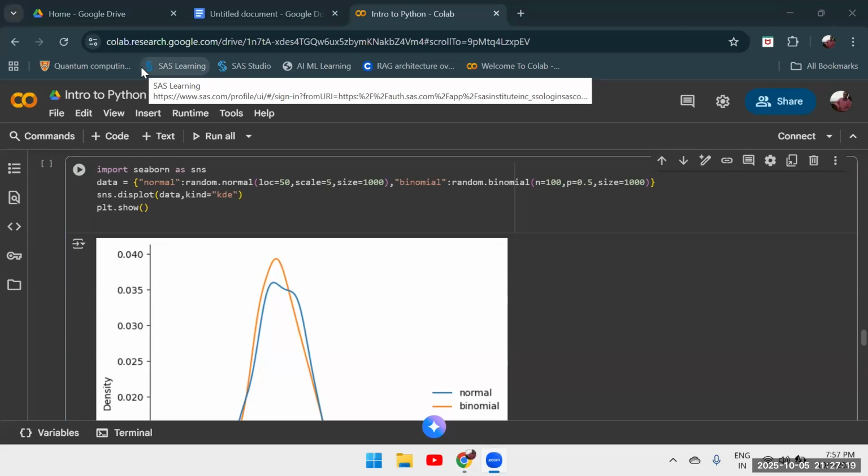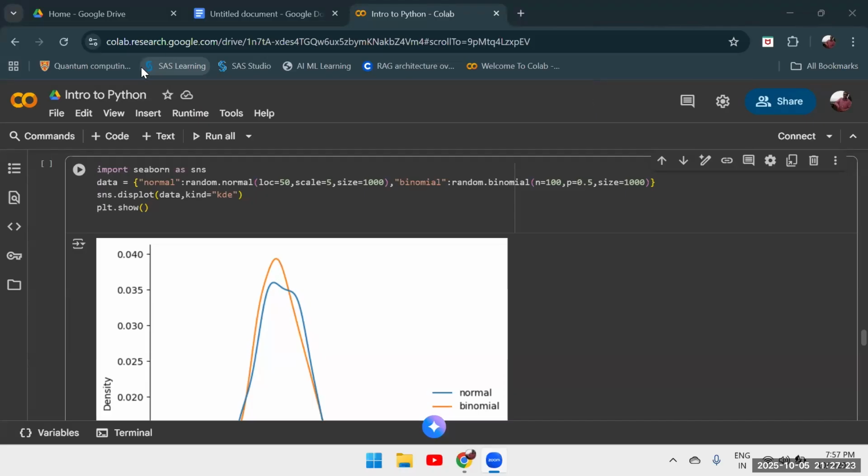Binomial is the outcome of a series of tests for which there are only two possible outcomes. It is not continuous; we have zeros, then a middle gap, and then we have the data like this.